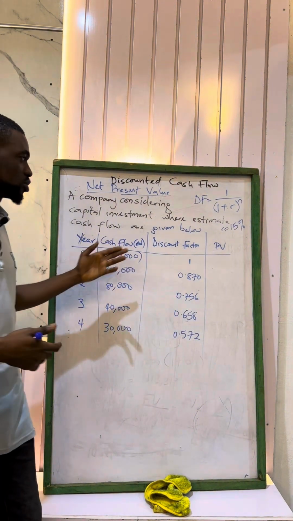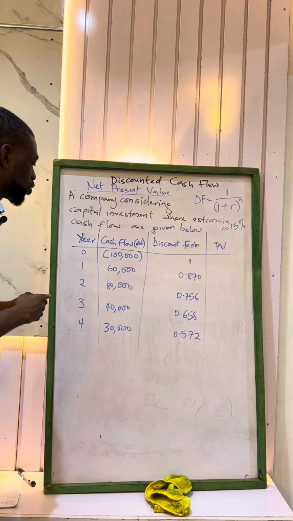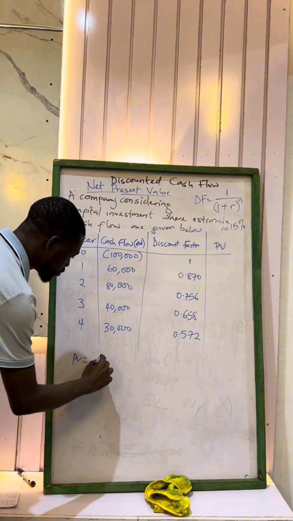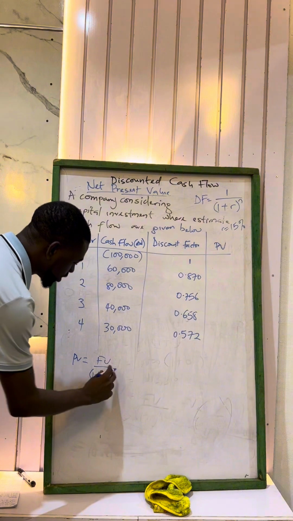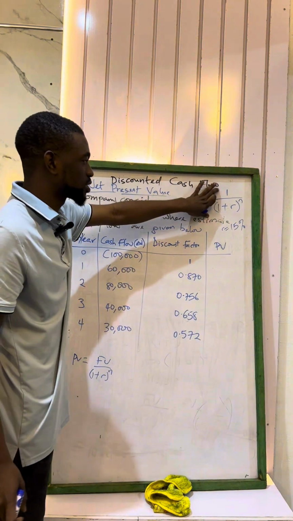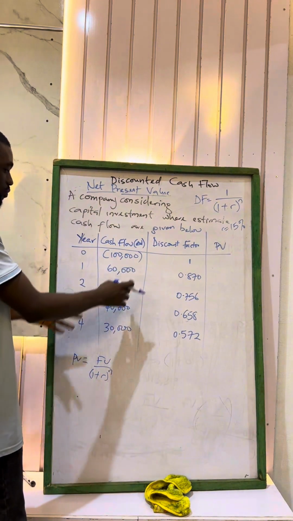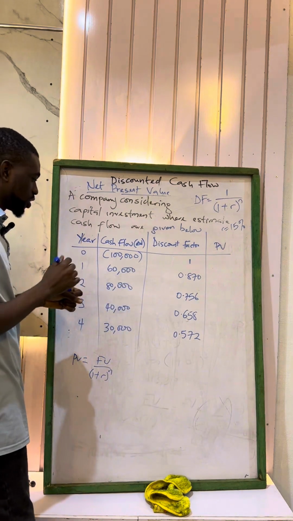All I have to do is use this discounted factor. From the previous time I talked about present value, which is equal to your future value over 1 plus R raised to power n, where this is your discounted factor. So I can just bring this out as my discounted factor and multiply it with the future value, that is the value coming in after a particular year.